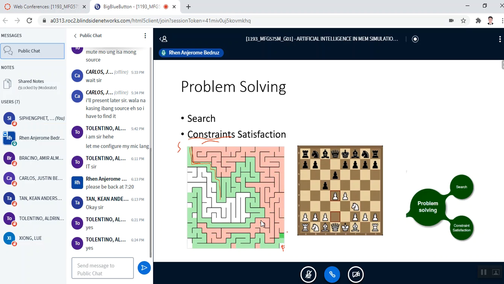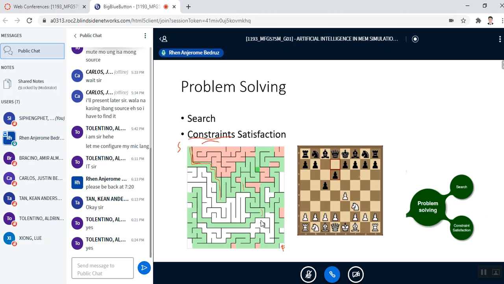I cannot go directly to the finish line because the walls are my constraints. So I need to satisfy that constraint. I must not go through a wall. So that's constraint satisfaction.